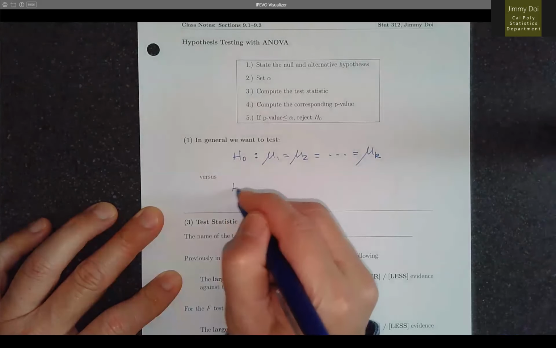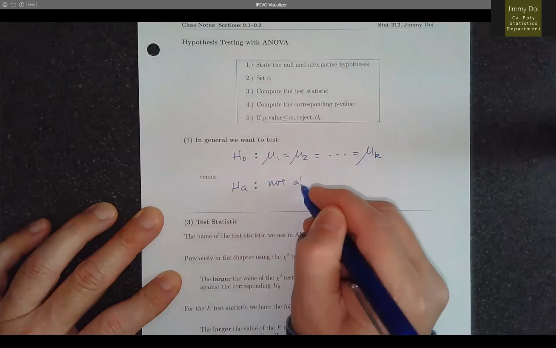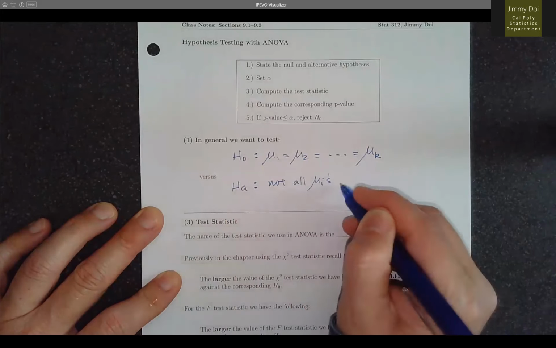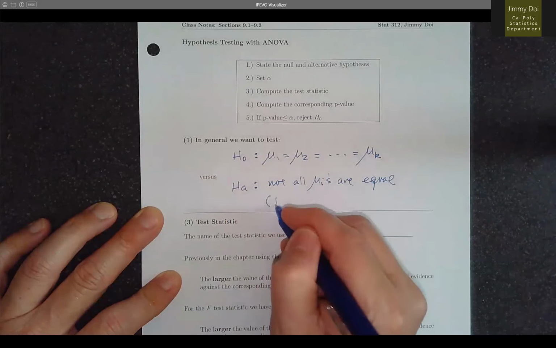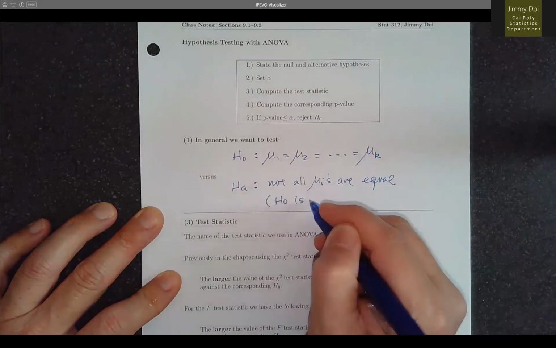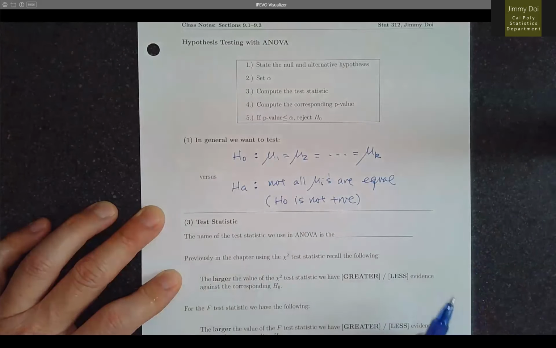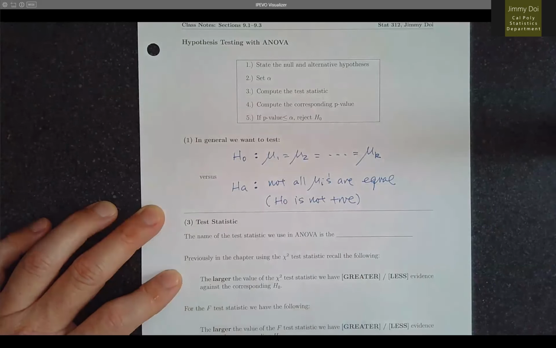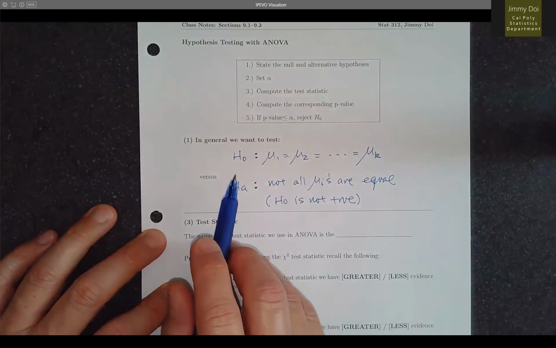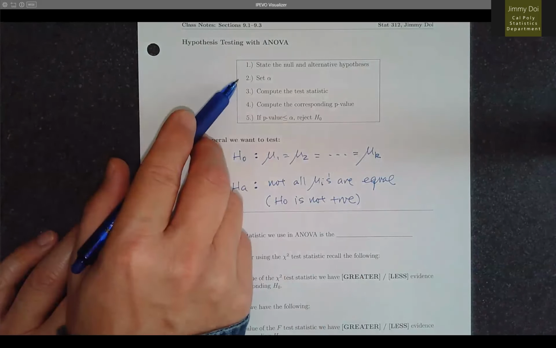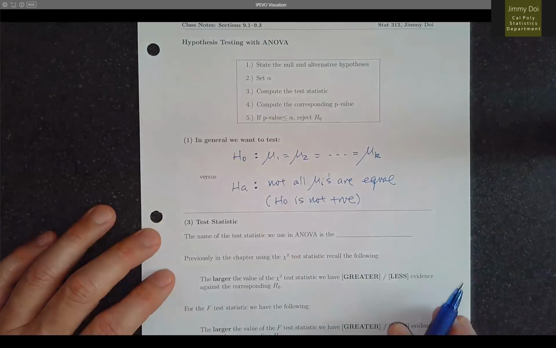The alternative hypothesis is what we've written before: not all mu i's are equal. Once again, if you wrote this for me, I will not take any points off. H0 is not true, because that's the same thing here. They're not all equal signs. That's basically the same thing as saying H0 is not true. So that's your first step, right? Step 1. Step 2, set alpha, that's easy. Step 3, which is usually the most time-consuming part and takes certainly a lot more computations.